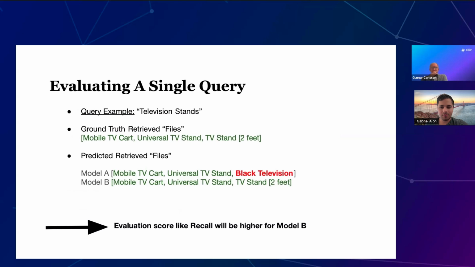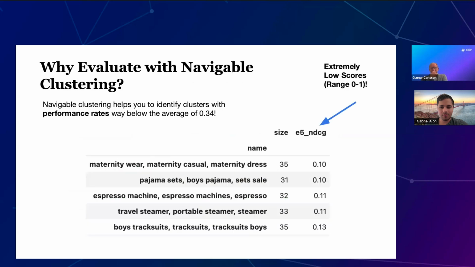So we talked a bit earlier how if you looked at a single query and you wanted to understand why the performance score took the value that it did, a performance score, for example, will be higher when it's rewarding correct predictions. So here, model B gets more correct predictions. So it's just a general notion. It had a higher score than model A, which incorrectly predicted an irrelevant product for this query.